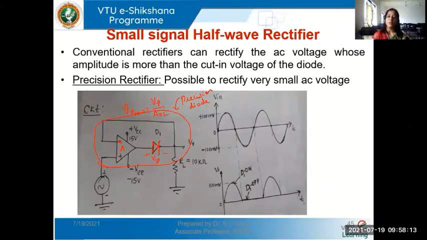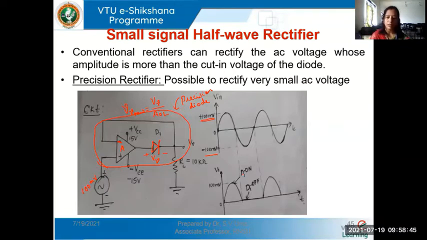That 0.7 volts drop which was needed for an ordinary diode rectifier to conduct is not needed here. So even if I give an input signal as small as 10 or 100 millivolts, I can rectify that signal. You see here we have given an input signal between minus 100 millivolts and plus 100 millivolts. We are able to rectify even this signal in this case.